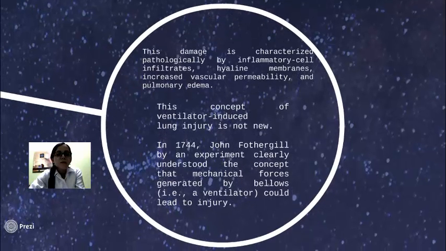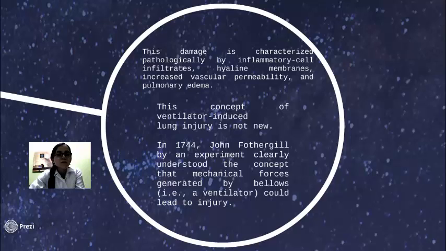This damage is characterized pathologically by inflammatory cell infiltrates, hyaline membranes, increased vascular permeability, and pulmonary edema. This concept of ventilator-induced lung injury is not new.